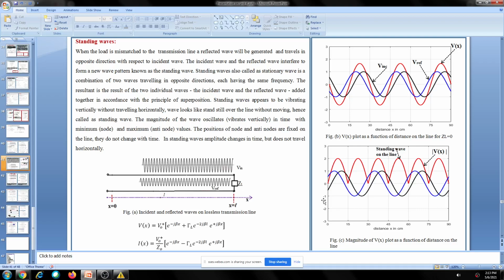So based on the load ZL, you may have a minimum voltage, a maximum voltage, or something in between, but afterwards it repeats every lambda by 2 distance. So this is the pattern for ZL equal to short circuit.